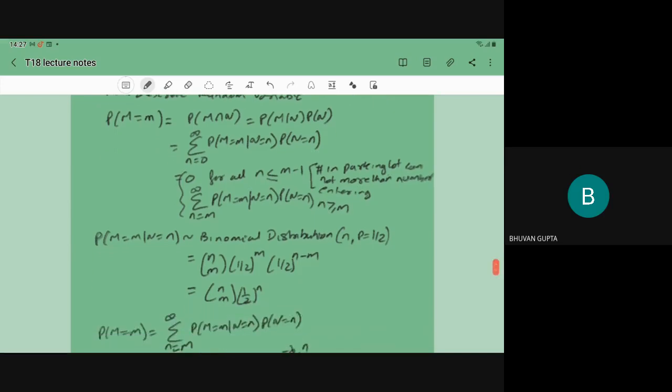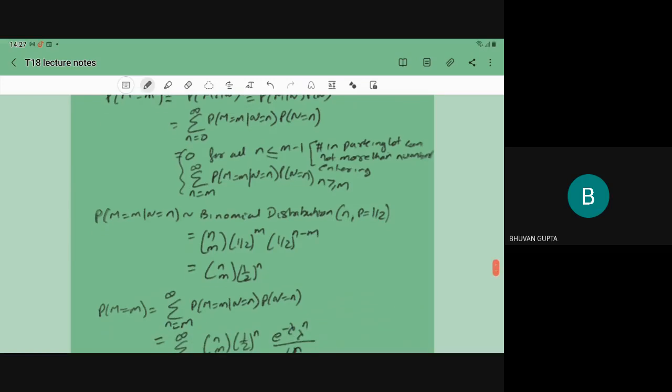So now we are computing the second thing. The main thing to think about here is what is the probability that M is equal to m given N is equal to n?